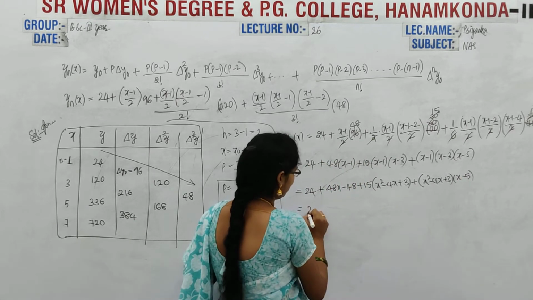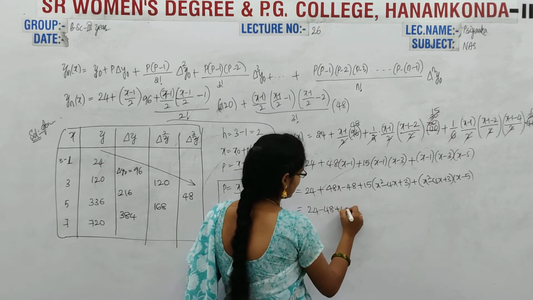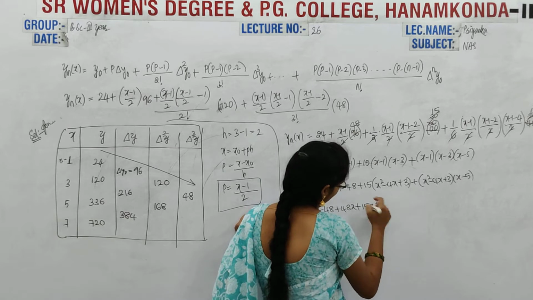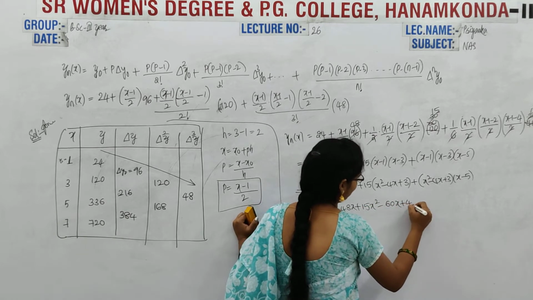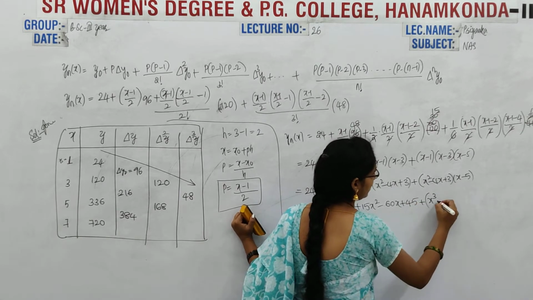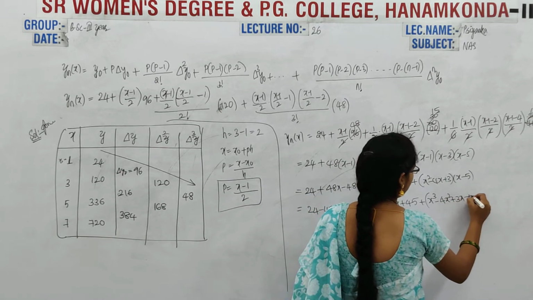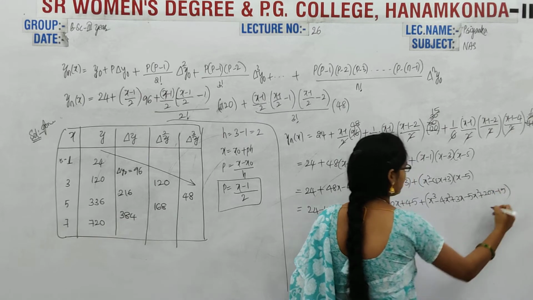Now it is 24 constant value minus 48 plus 48x plus 15x square minus 15 fours are 60x plus 45 plus x cube minus 4x square plus 3x minus 5x square plus 20x minus 50.